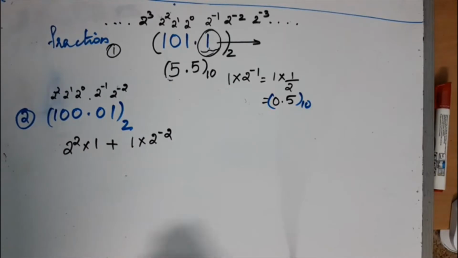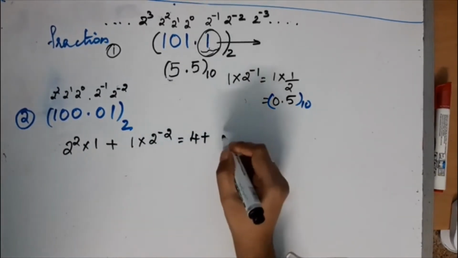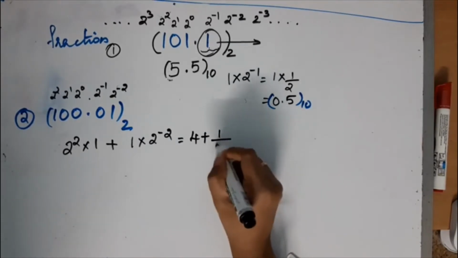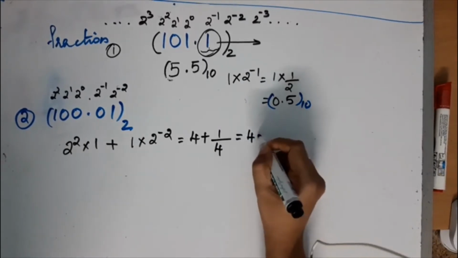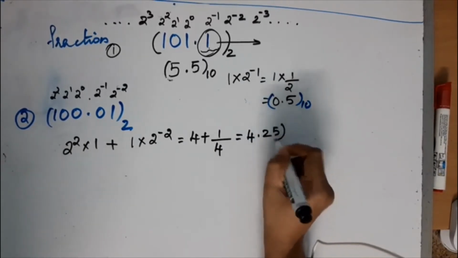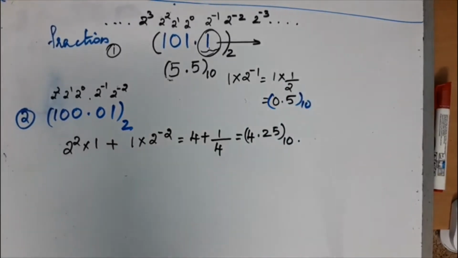So that will be 4 plus 1 by 2 raised to 2, which is 1 by 4. 1 by 4 is 0.25. So 4 plus 0.25 will be 4.25 to the base 10. Any number's fraction part we can compute by simply assigning the weight.